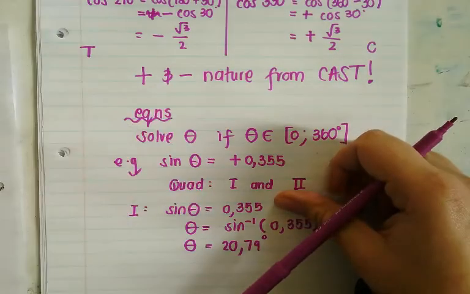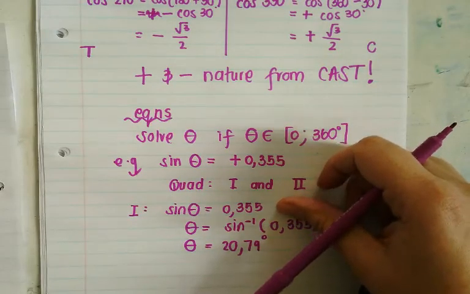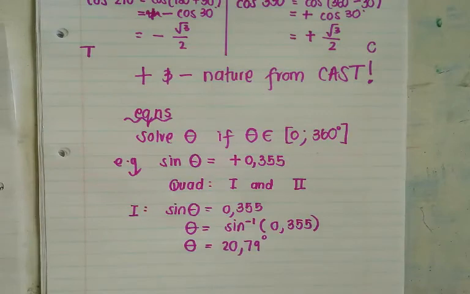But we all just agreed that sine can have 0.355 in quadrant 1 and quadrant 2. Because the question says in all 360 degrees, I need to find all the other options as well.